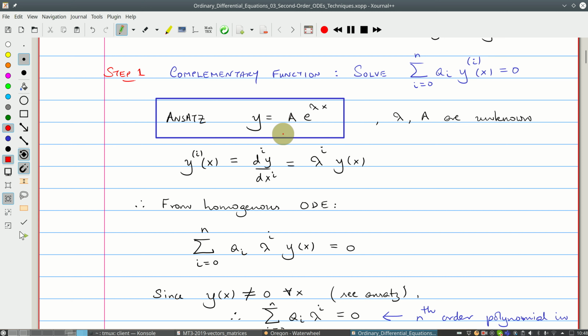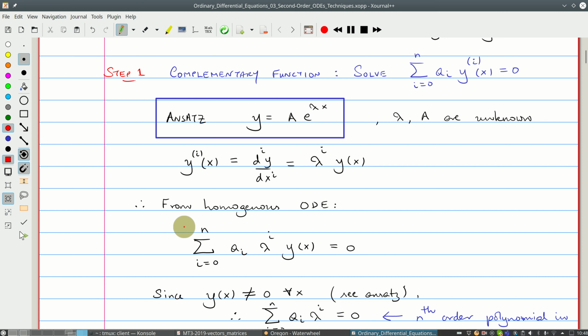In principle A doesn't really matter, it's a multiplicative constant, which is taken care of when you normalize functions. It's lambda that matters here. So we find the ith derivative of this guess y: d^i y by dx^i is simply lambda to the i times y of x. Try it out.